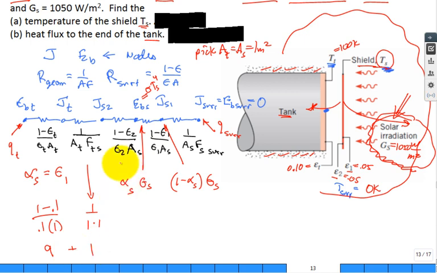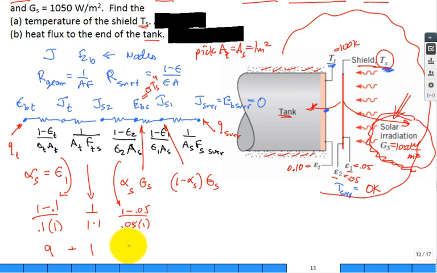What does this resistor here boil down to? This one is 1 minus the emissivity 0.05 divided by 0.05 times the 1. Right? So this is 0.95 over 0.05.